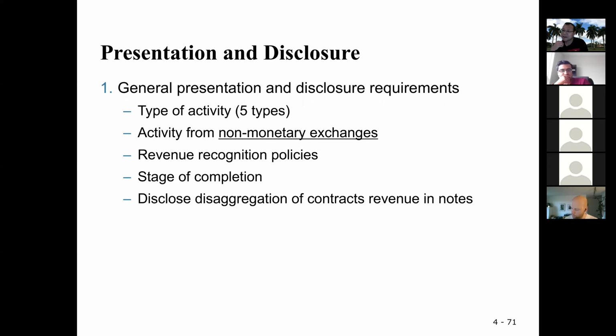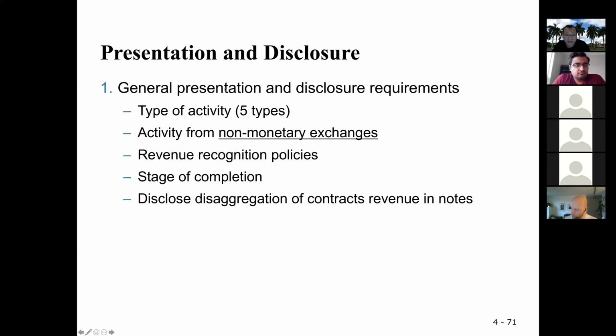Service income has to be presented separately from sales of goods. If you earn investment income, such as interest income and dividend income, you should not mingle these revenues with the other revenues. The users will find this useful, because they will be able to tell what the revenue generating activities are. So when you present revenue on the income statement, you want to make it clear under what types of activities.